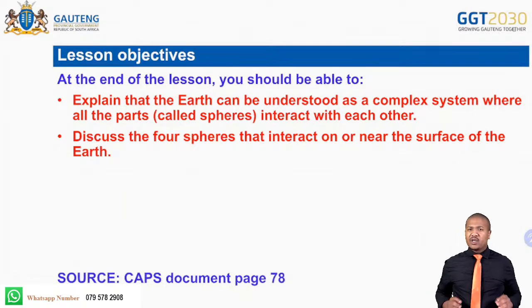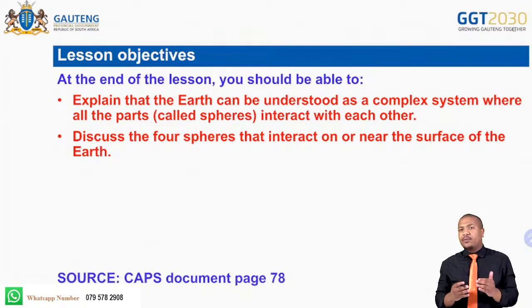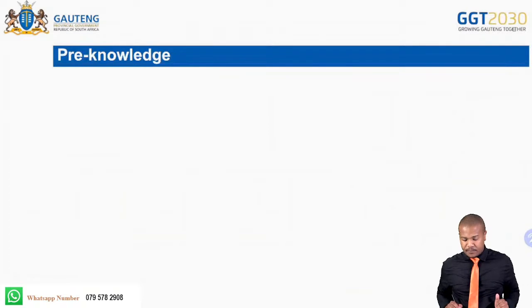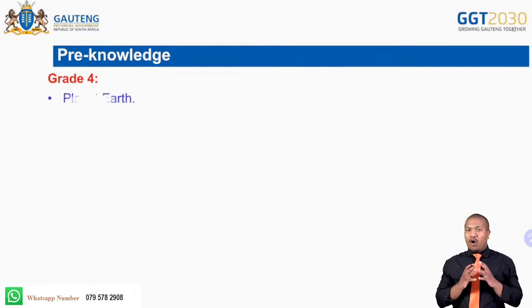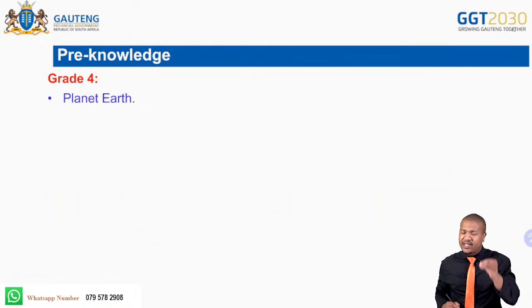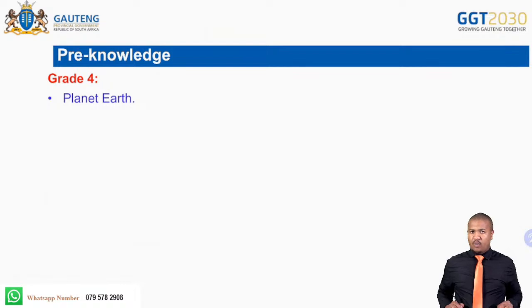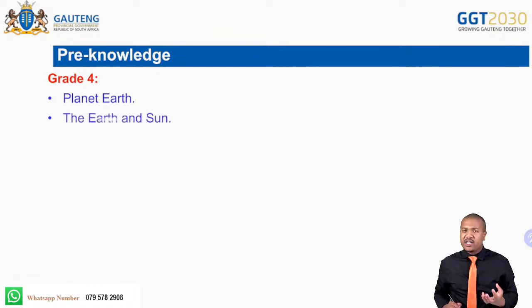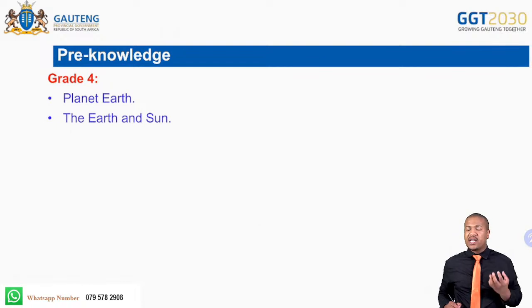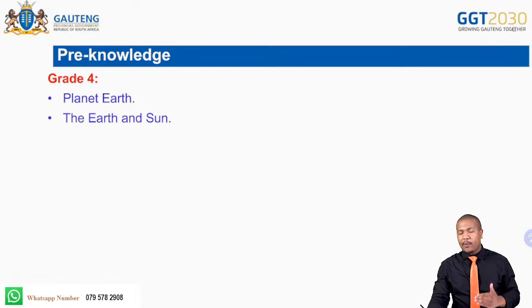So now let's move on to what we have done before as our pre-knowledge, which lays a foundation to today's topic. In grade 4, we started off by discussing planet Earth. If you still remember, we said that planet Earth is the only planet that sustains life. Also, we talked about the Earth and the Sun.